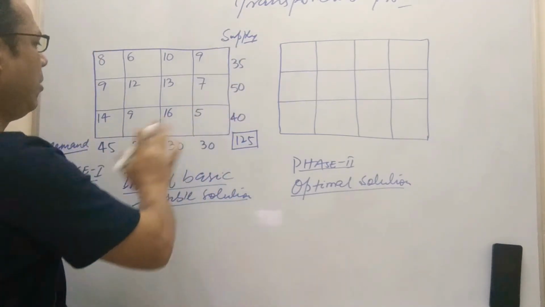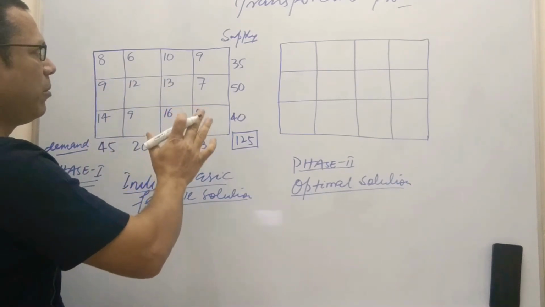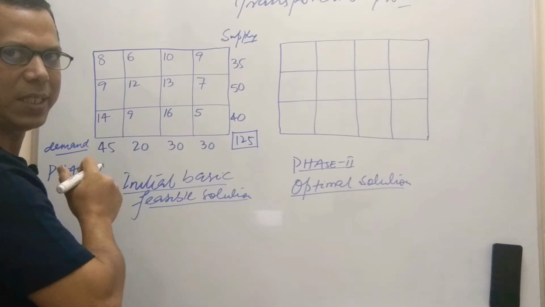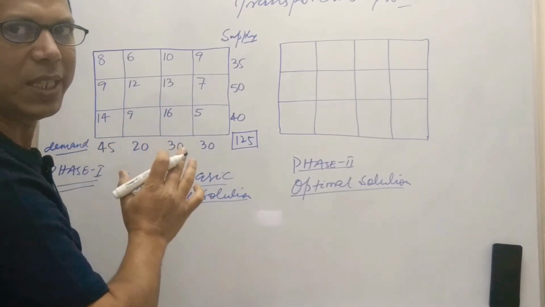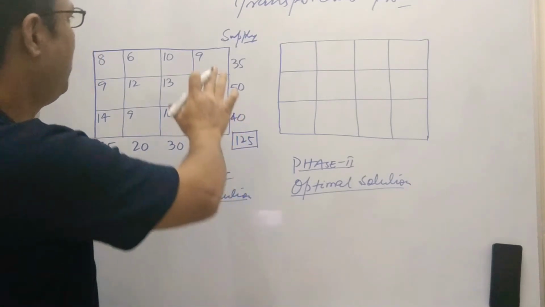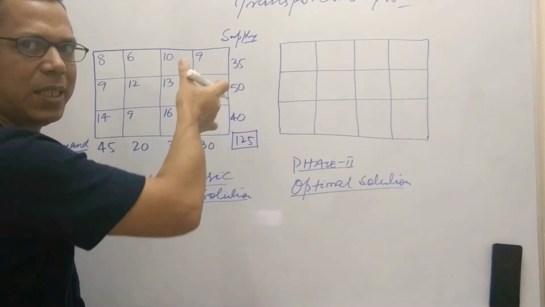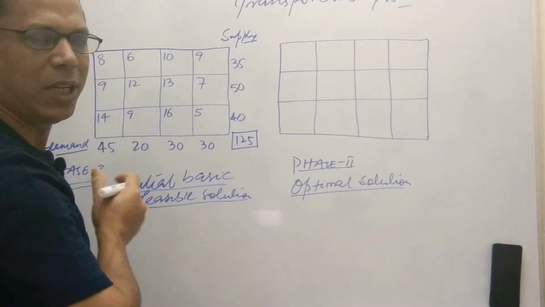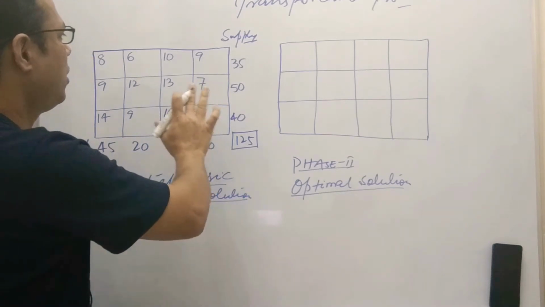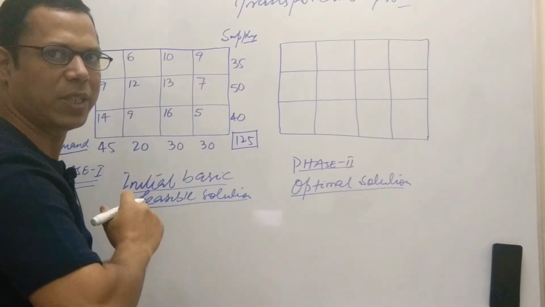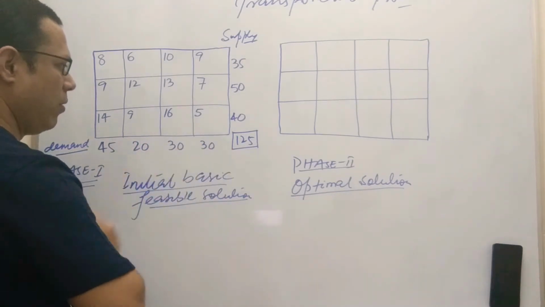If supply and demand are not equal, sometimes supplies are more and demands are less, sometimes demands are more and supplies are less, in this case we need to go for a dummy row or dummy column to maintain the balanced condition. To make the balance, only then can we proceed to solve the problem. This question is already in balanced form, so we can say this is a balanced transportation problem.